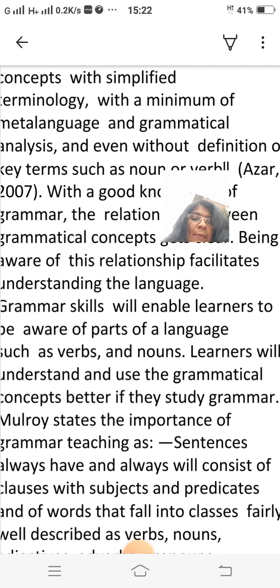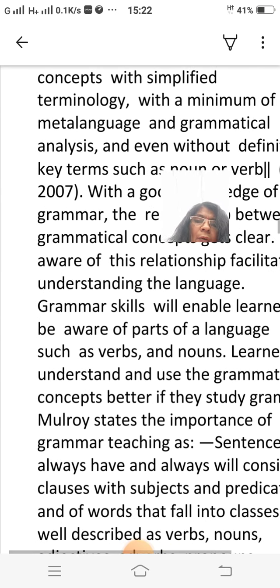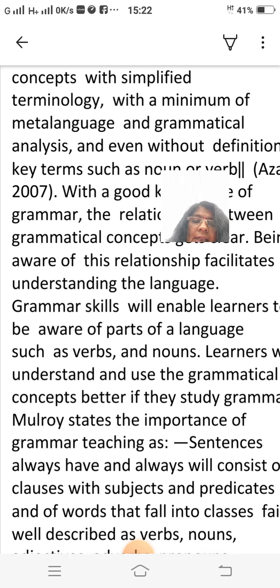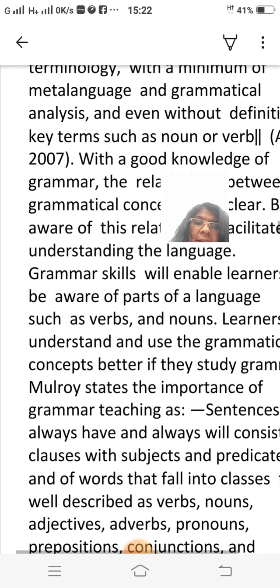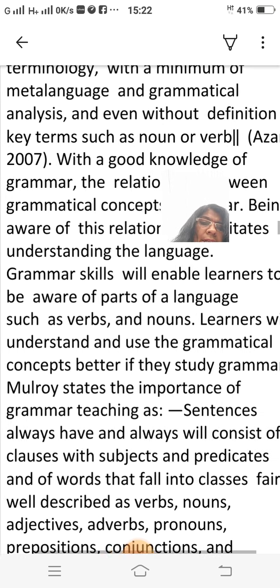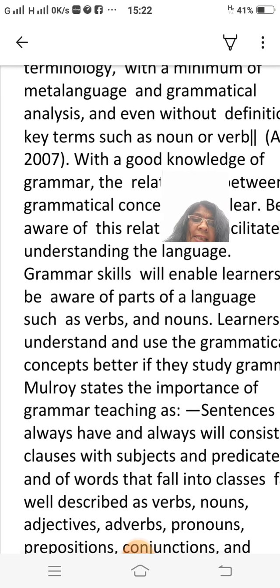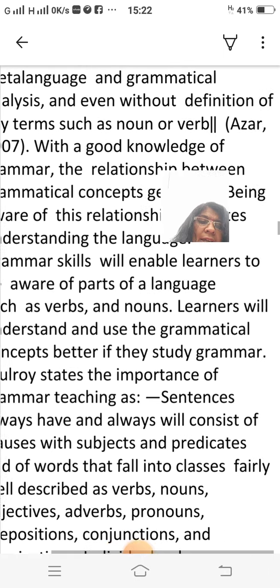So, grammar skills will enable learners to be aware of parts of a language such as verbs and nouns. Learners will understand and use the grammatical concepts better if they study grammar.